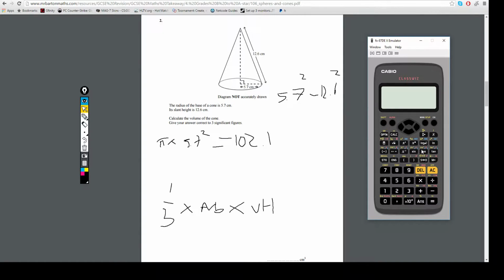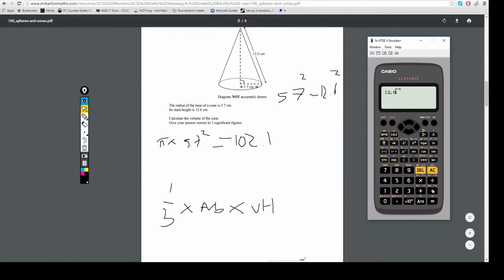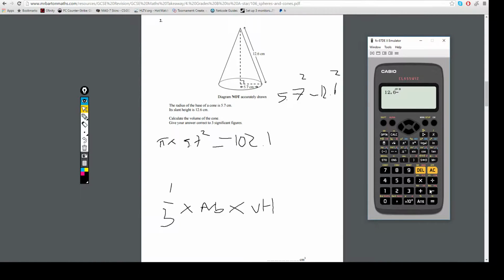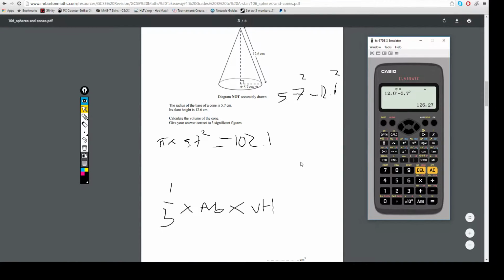I'm going to do 12.6, always the biggest number first when doing the take away, squared, take away 5.7 squared, and that is going to give us 126.27.